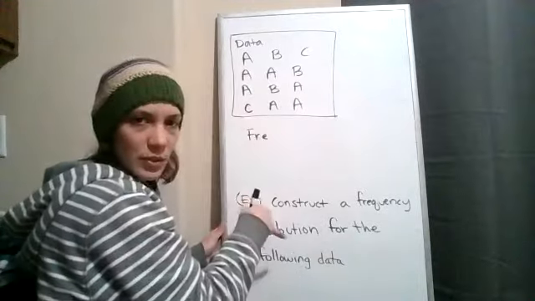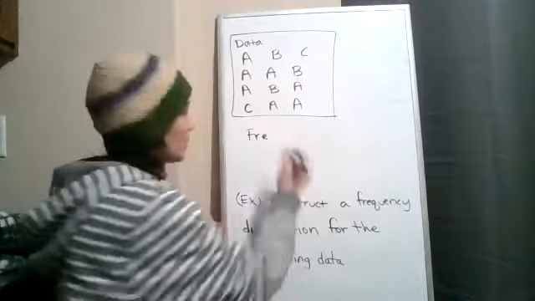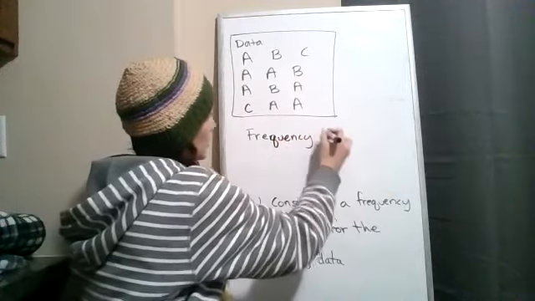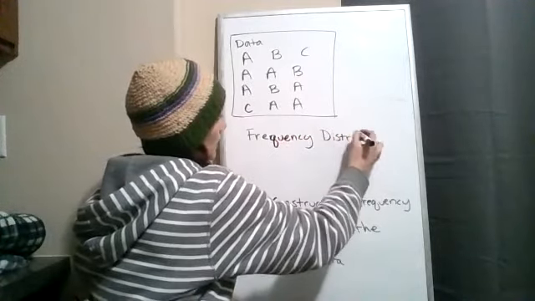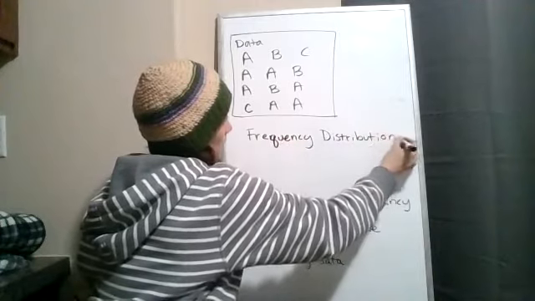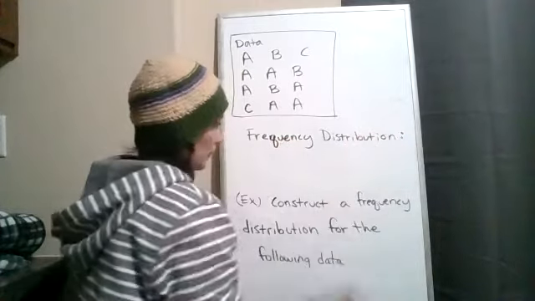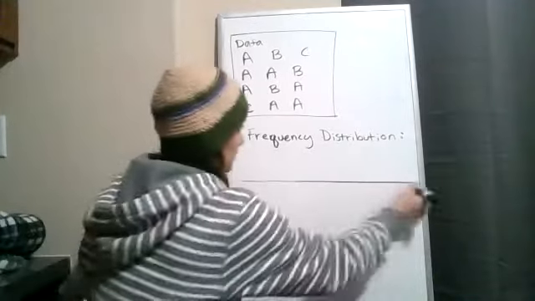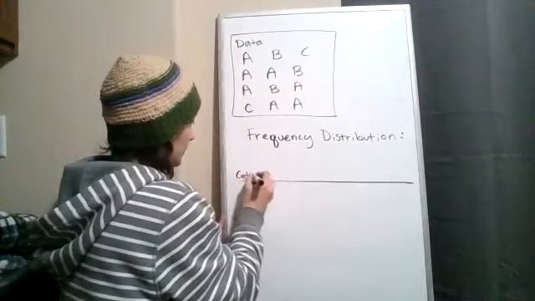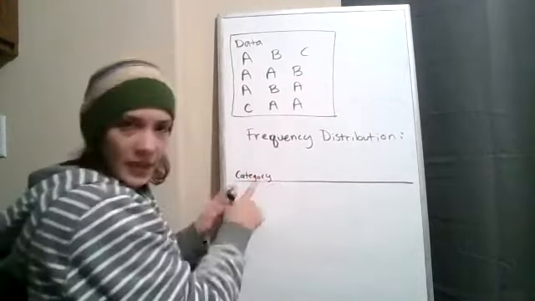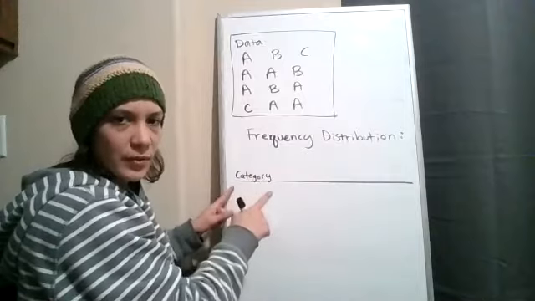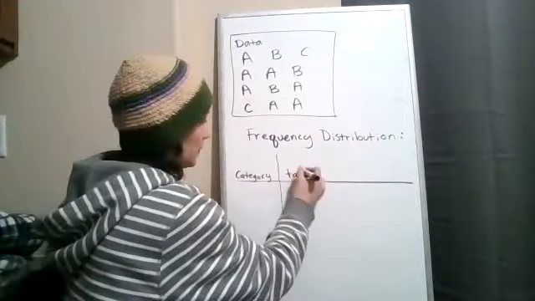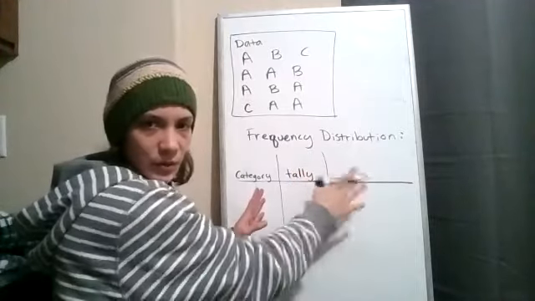Okay, so the frequency distribution is some table, so I'll start my table. I'm going to have category as my values of the variable, a place to take a tally, and at the end, we'll do frequency.